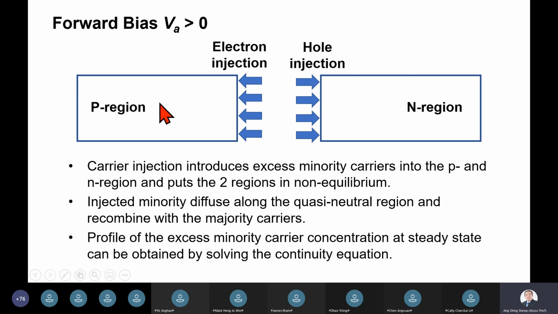Such a problem can be solved by solving the continuity equation, and we will only consider steady state condition. You probably know what the solution is already, because if you can recall what you have learned under the chapter on non-equilibrium, if you examine the electron concentration profile along the P region, it is an exponentially decaying curve. Similarly for holes, the hole concentration profile along the N region is an exponentially decaying curve. We'll come to that shortly.